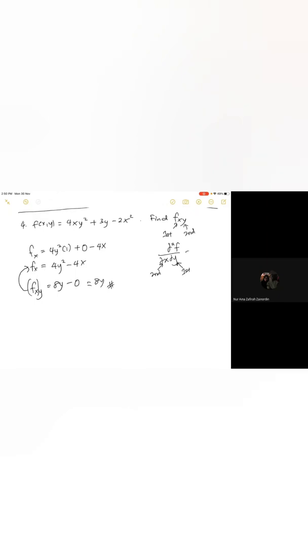Because this one is actually del over del x, del f over del y. So this is the first that you want to differentiate. And then after we find this answer, then kita kena differentiatekan sekali lagi terhadap x. Okay, tapi kalau yang ni, yang kurungan dia dekat depan, yang ini kurungan dia dekat belakang. Okay, so you have to know the order.